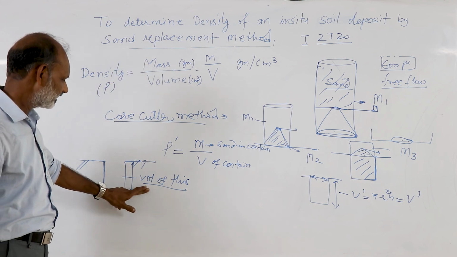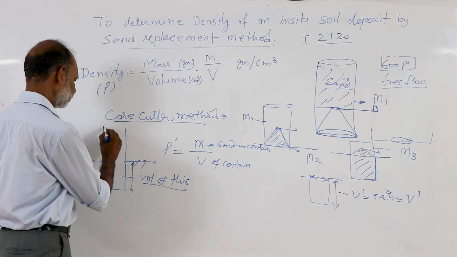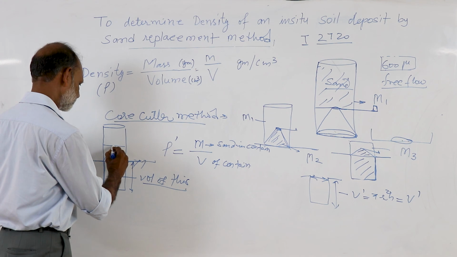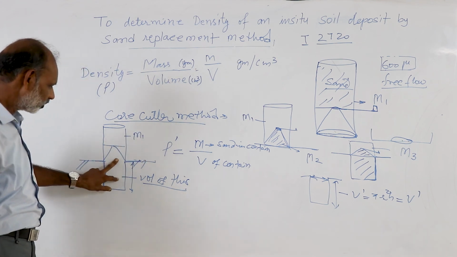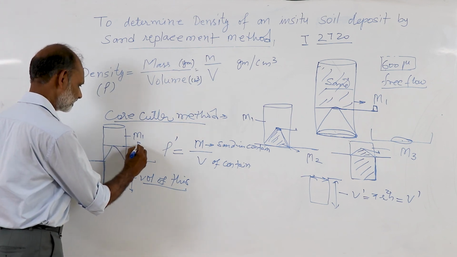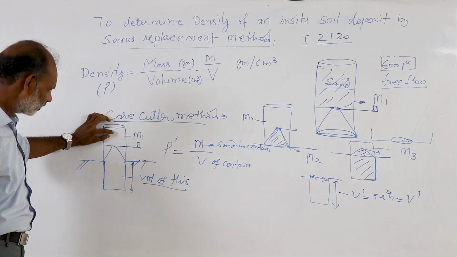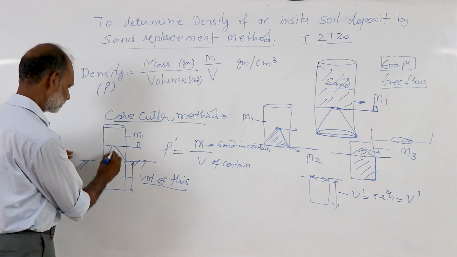How do we determine it? We put the pouring cylinder with weight equal to M1 on this hole made in the ground and open the shutter, so the sand flows freely into the hole made in the ground and into the cone.